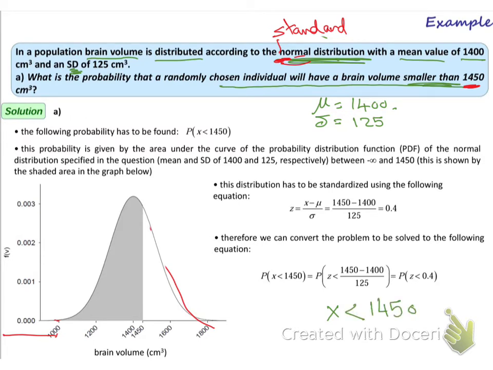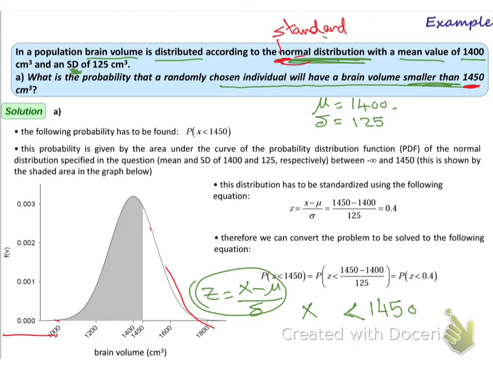If you remember, I want to convert x into z. So z equals x minus mu divided by sigma. Forget about this formula if you don't want to remember it; by practice, it will stick in your mind.